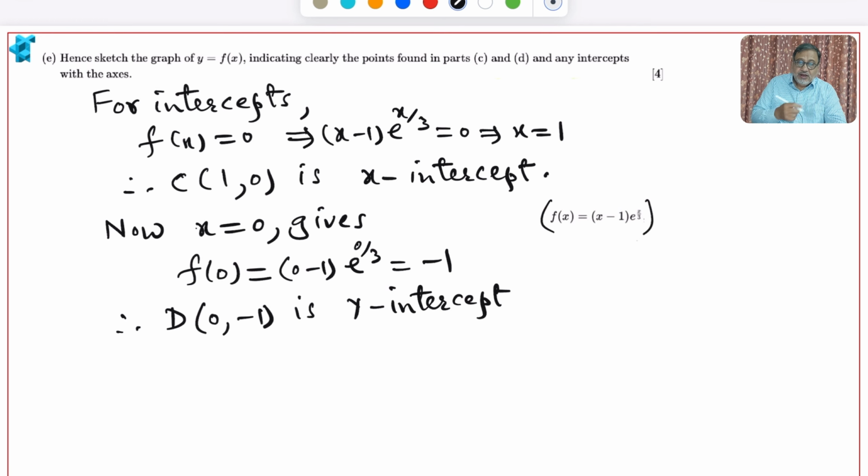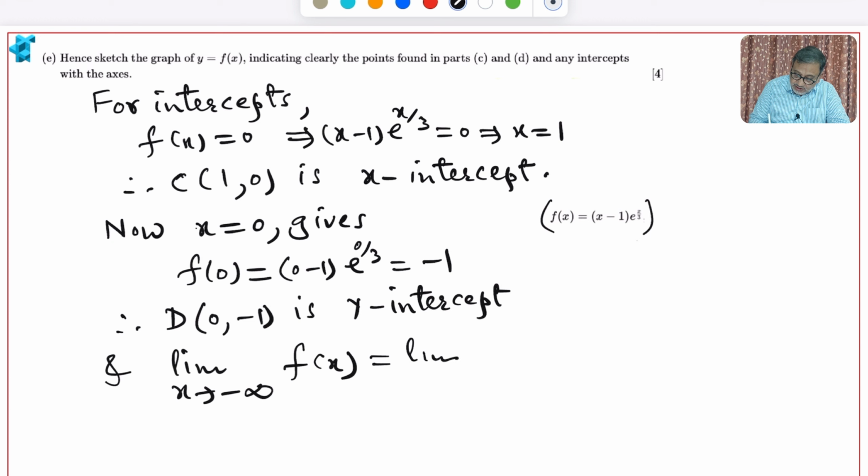Okay, now also we can confirm the concavity, I mean the inflection point also. Limit x tends to negative infinity of f of x will give me limit x tends to negative infinity of x minus 1 e raised to x by 3.